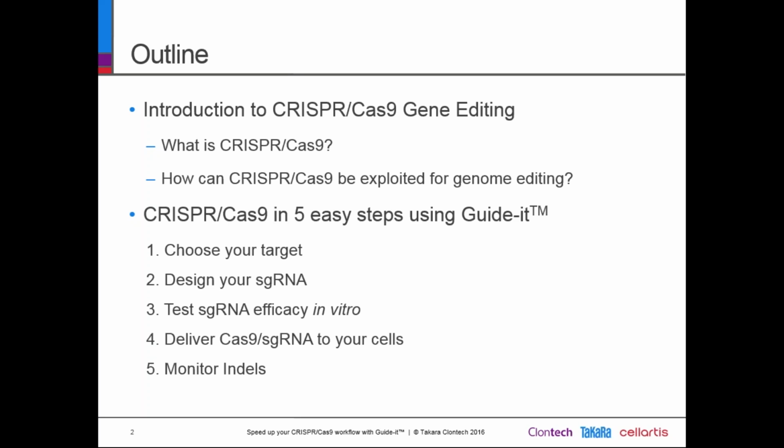And we will discuss the following points: choosing the target, designing guide RNAs, testing guide RNA efficacy in vitro, the delivery of Cas9 and guide RNAs to cells, and here especially I would like to present you our new Gesicle production system, and finally we will also see several options on how to monitor indels.